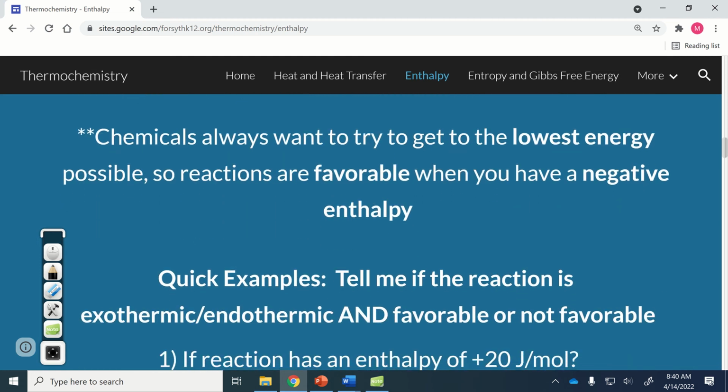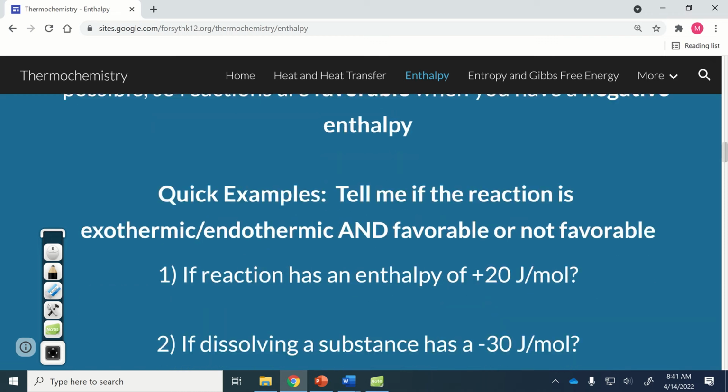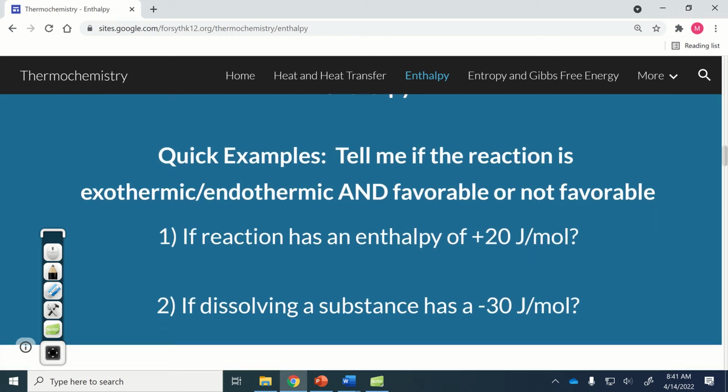Because chemicals always want to have the lowest energy possible, reactions are seen as favorable when you have a negative enthalpy. So again, I might be asking you, based on these enthalpies, is the reaction exothermic or endothermic, and is that favorable or not favorable?